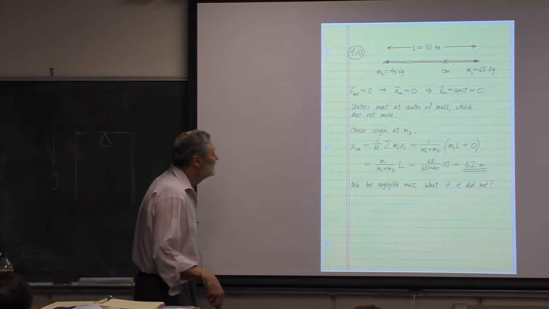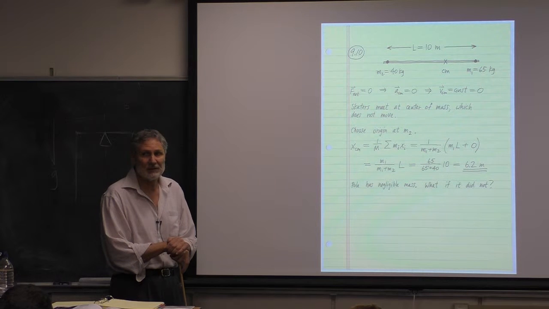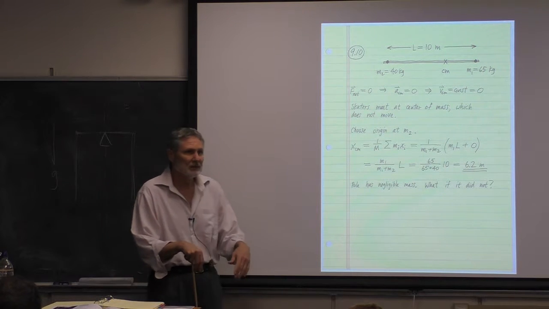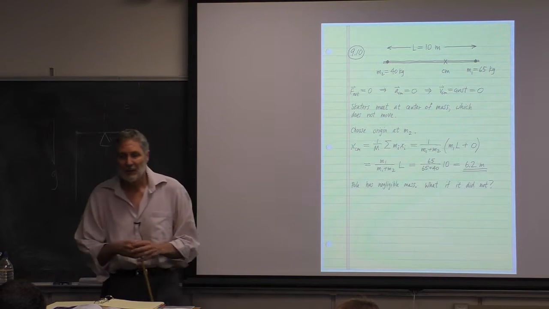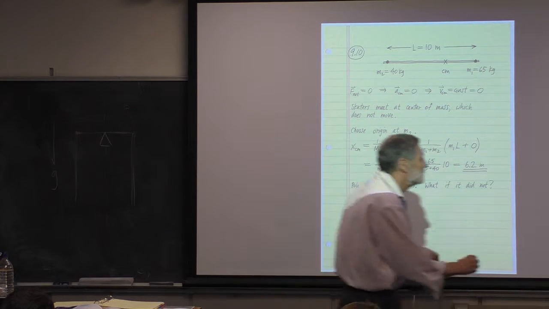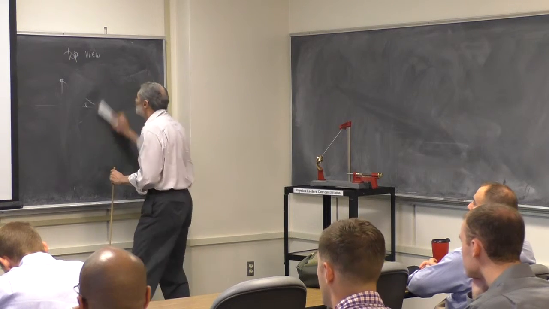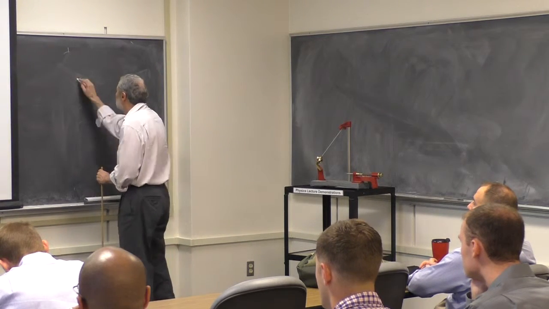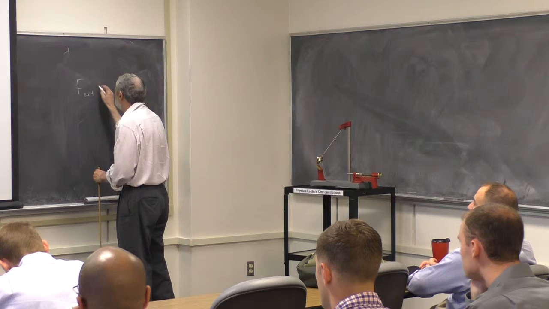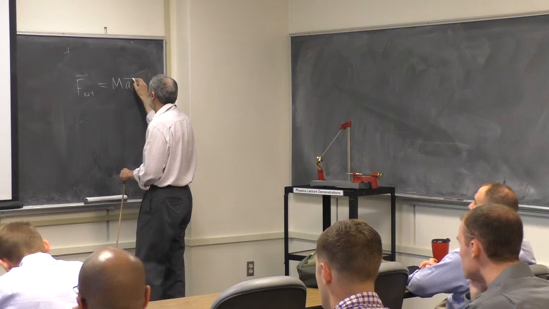Well, there's no net force on the system. This is effectively an isolated system, right? The usual thing of normal force balancing gravity. So this means, by Newton's second law for a system of particles, the net force is the total mass times the acceleration of the center of mass, right?